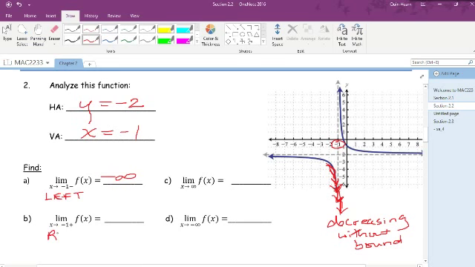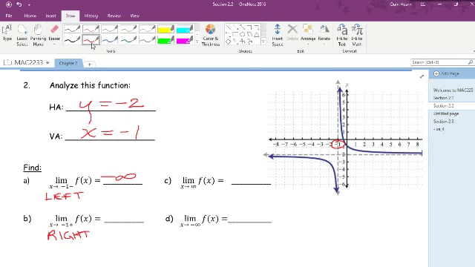What about the limit on the right side of -1? So the right side of -1 is the other portion of the graph. We're still getting close to an x value of -1, but we're following with our finger along the piece of the graph on the right.